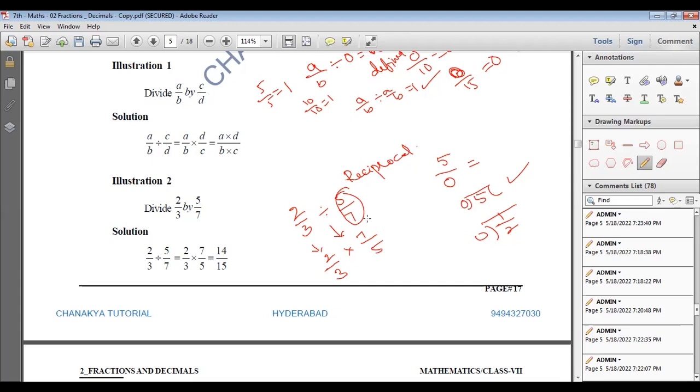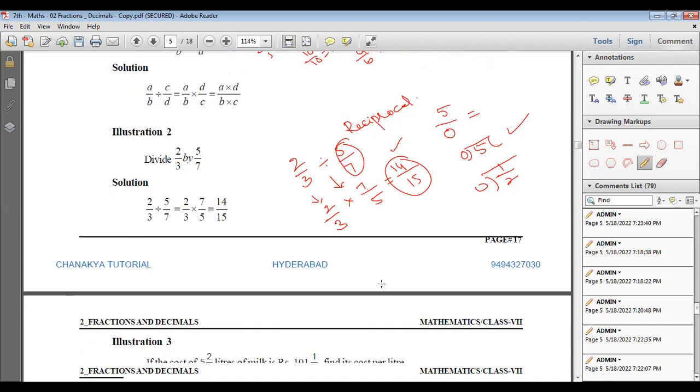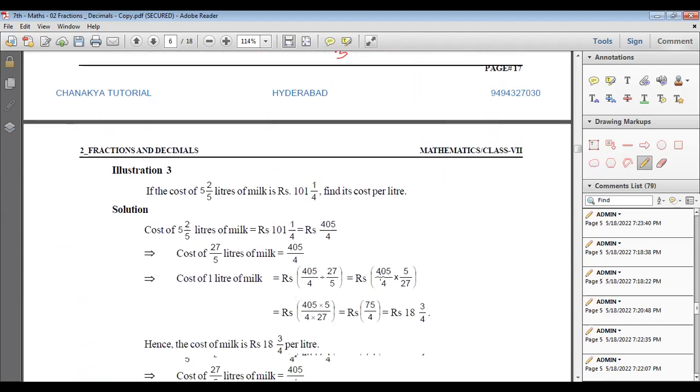Yeah, reciprocal of 5 by 7, how much? Ma'am, it's 7 by 5. Very good. Then 2 sevens are 14, and that is 14 by 15. That's all. There is no common factor because it is an irreducible fraction. We cannot reduce it into lowest terms. Irreducible fractions means further we are unable to simplify.